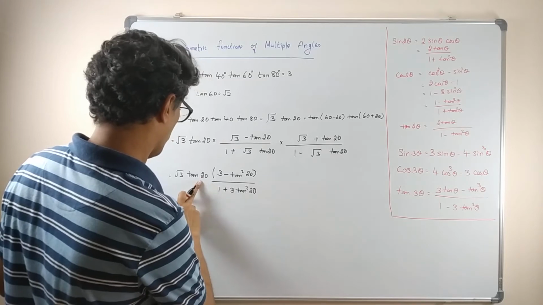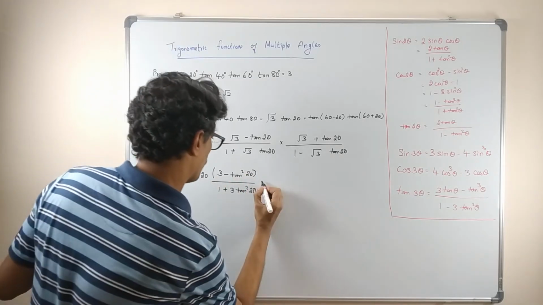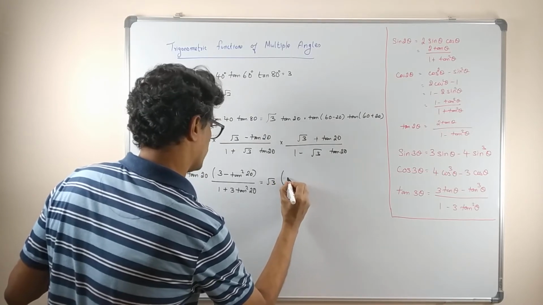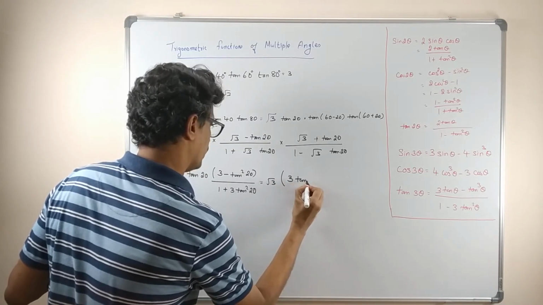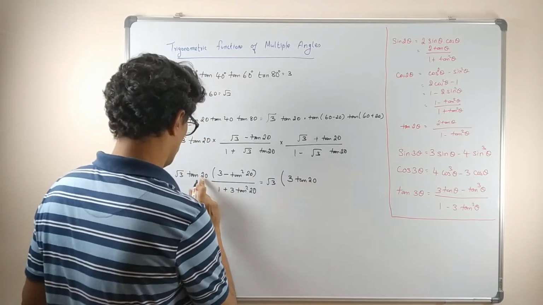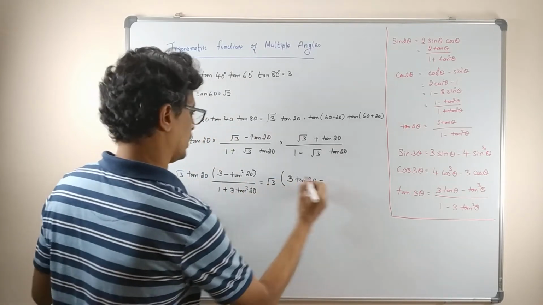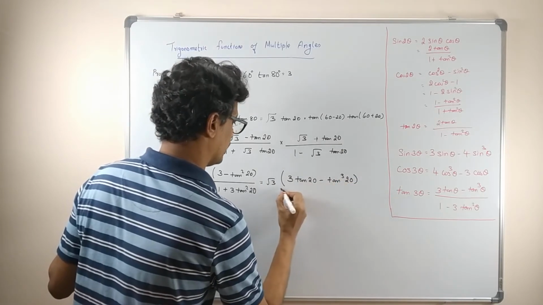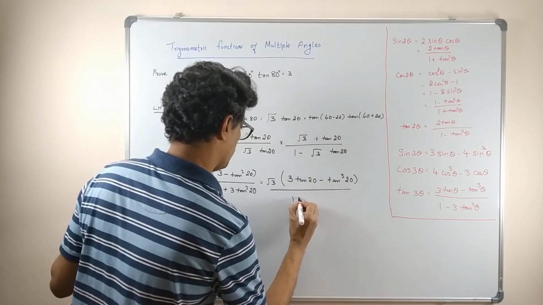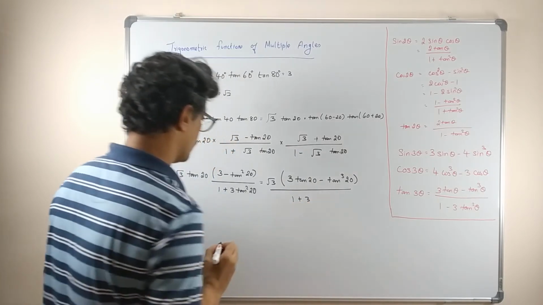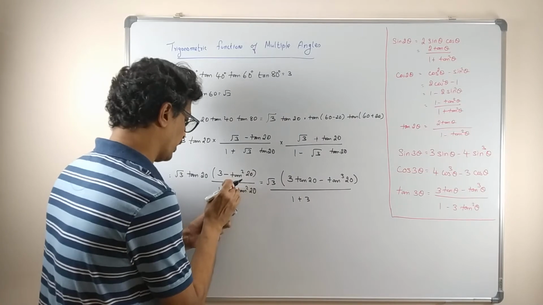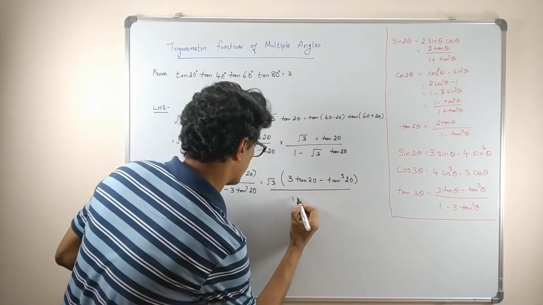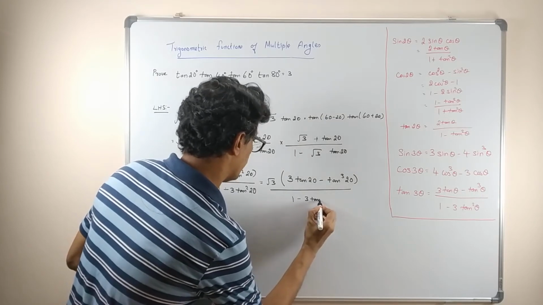So, let me multiply it inside. What you are going to get is root of 3 into 3 times tan 20 minus tan cube of 20, divided by 1 minus 3 tan square 20.